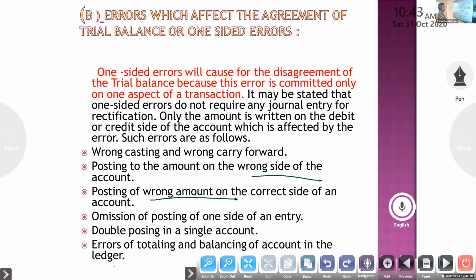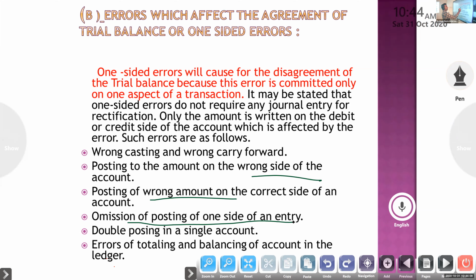Only one item is wrong and the other item is correct: instead of debit, we wrote credit. These are the main one-sided errors.